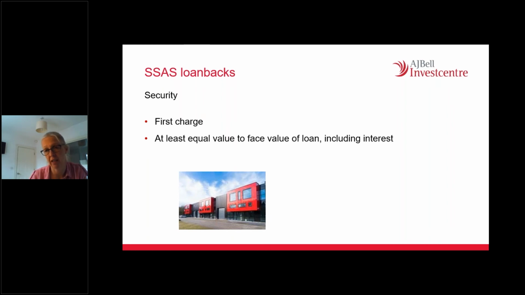The other thing to say is, if you are going to use residential property, I really, really, really wouldn't advise using the member's own personal property. The problem is, if the loan defaults, it's because the business is struggling.